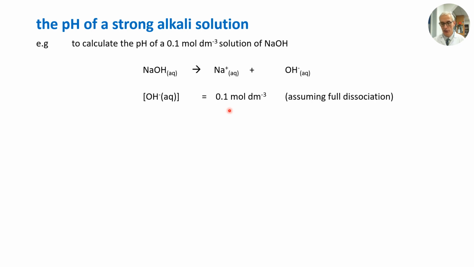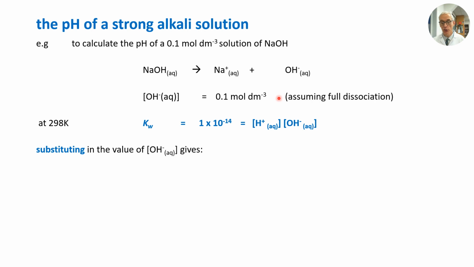However, that does not give us access to the pH value. To do that, we need the concentration of hydrogen ions. So we're going to go via Kw. We write down Kw and its value, 1 times 10 to the minus 14, is equal to the concentration of hydrogen ions times the concentration of hydroxide ions, and we know the concentration of hydroxide ions.